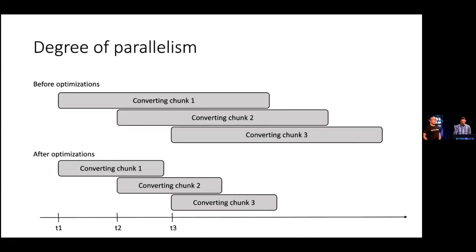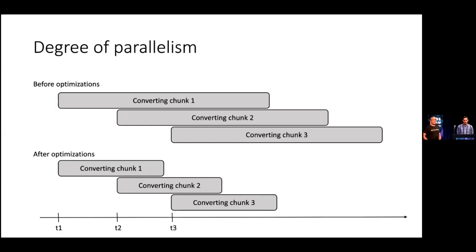Now, this drop in the degree of parallelism might not be very intuitive, so I have an example here to explain that. The rate at which we receive the data from the cloud doesn't change. No matter what optimization we try, we will receive the first chunk of data at time t1, the second chunk at time t2, and the third one at t3.